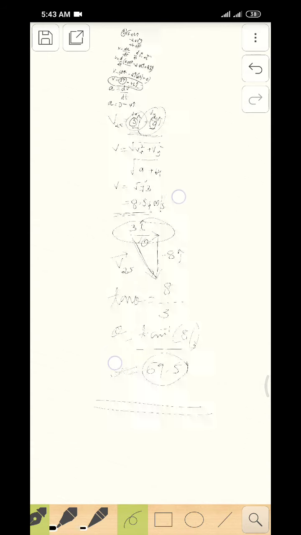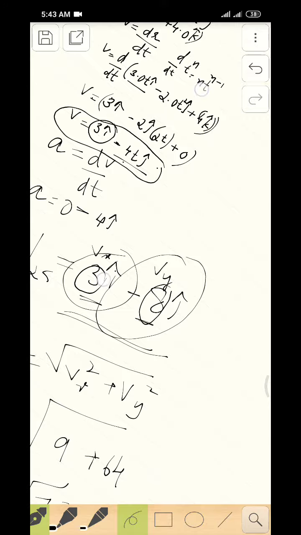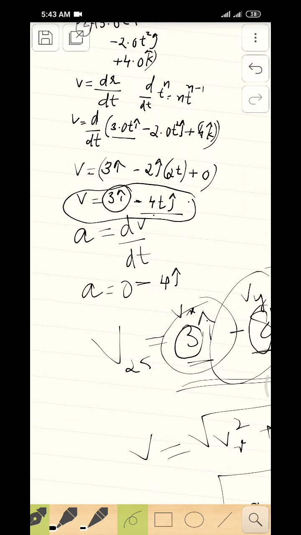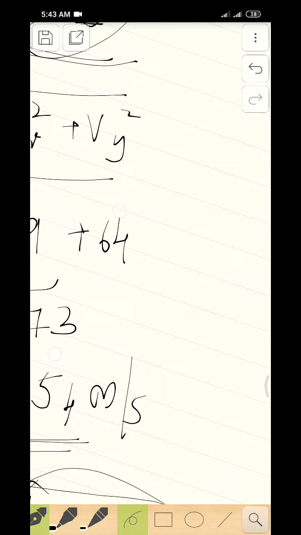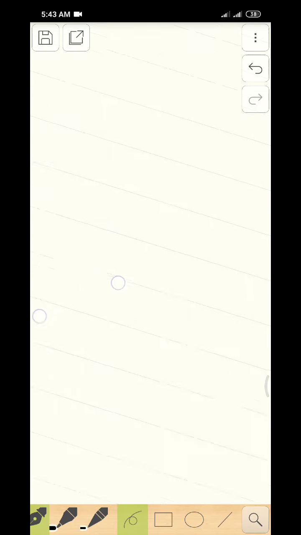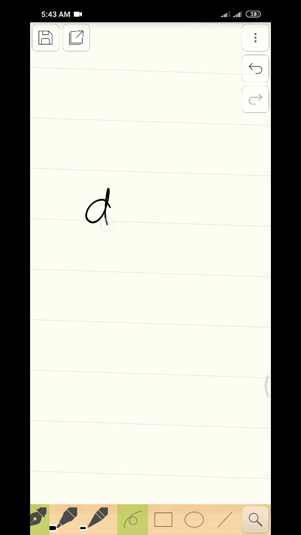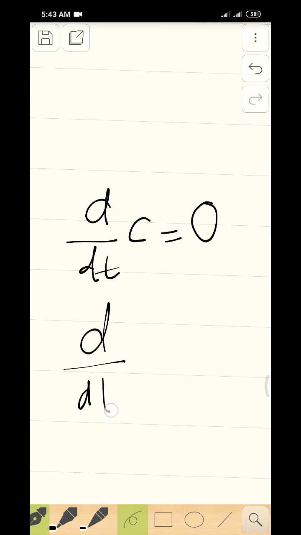And remember the differentiation of the vector terms. d by dt of a constant will always be 0. d by dt of a constant multiplied with t will be the value of the constant.